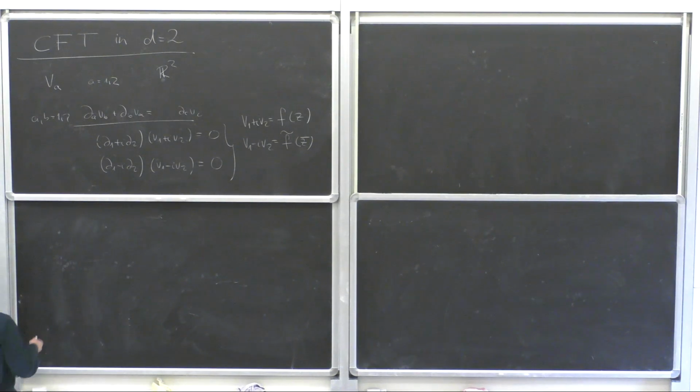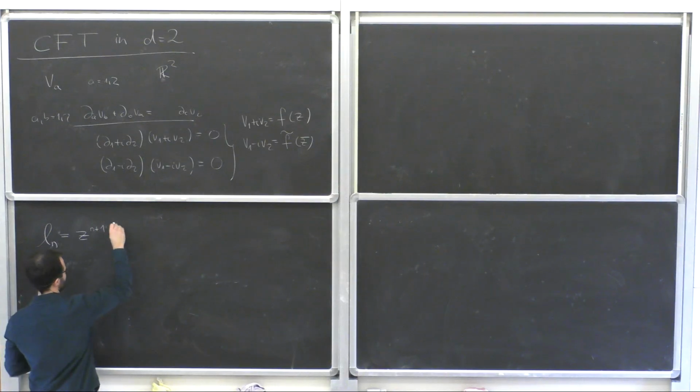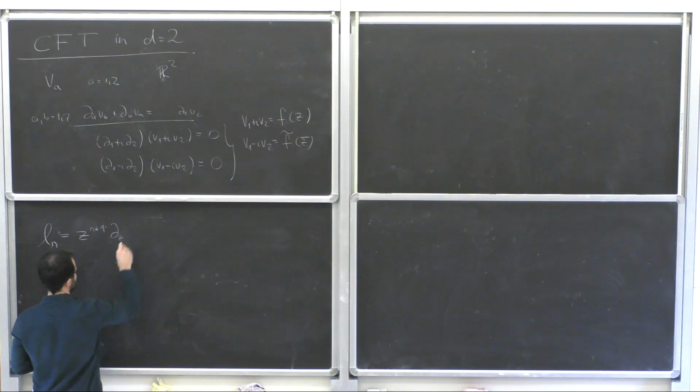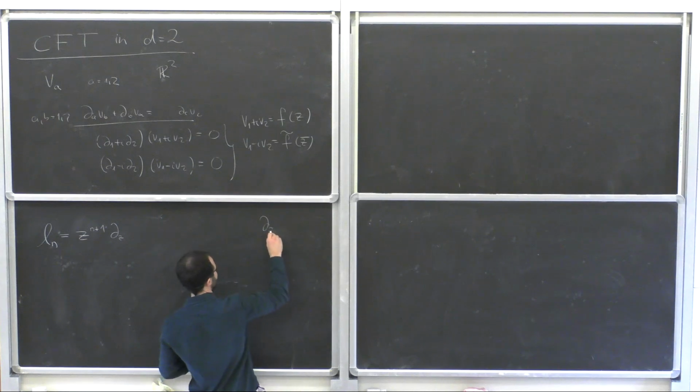And in fact, okay, let's introduce some vector fields. This is supposed to be calligraphic lowercase l. So let's introduce these vector fields where l_n is minus z^(n+1) ∂_z. I'm going to use the notation that ∂ is just ∂_z.